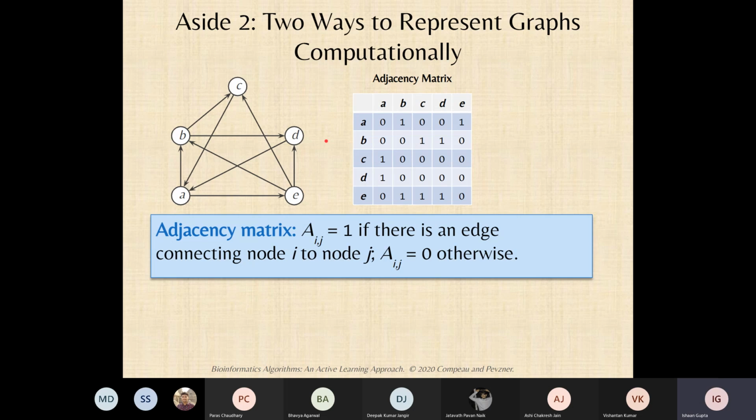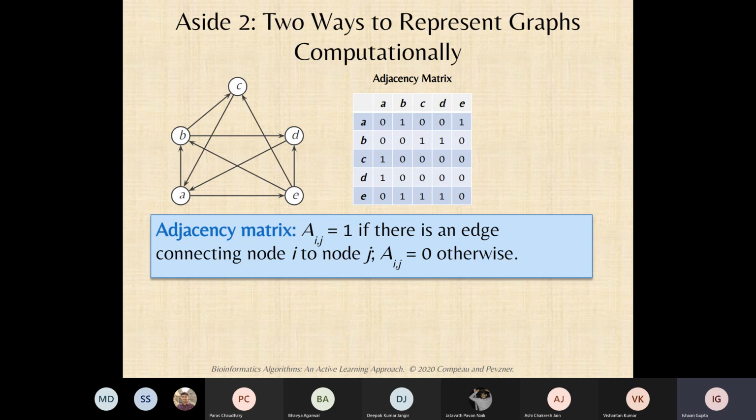Your rows are where edges are coming out, and your columns are where the edges are coming in. So an adjacency matrix has a 1 if there is an edge connecting node I to node J, otherwise it's 0. This is a simple matrix, right?